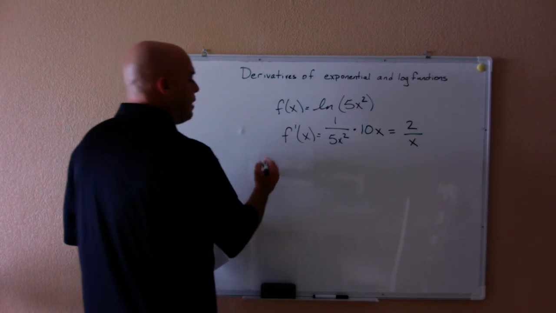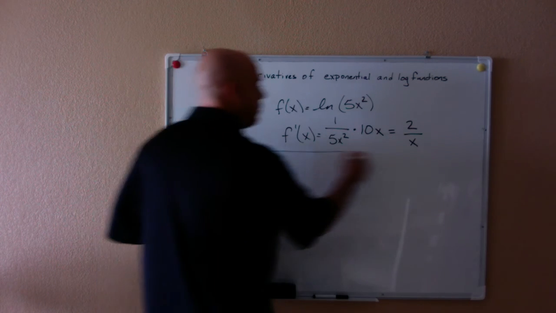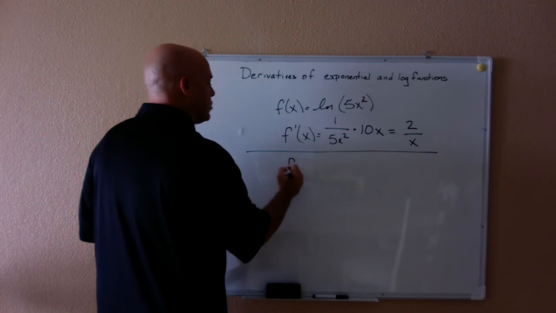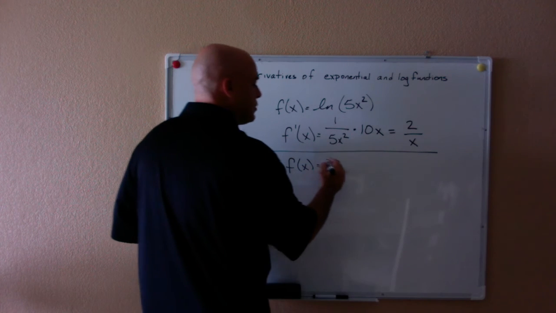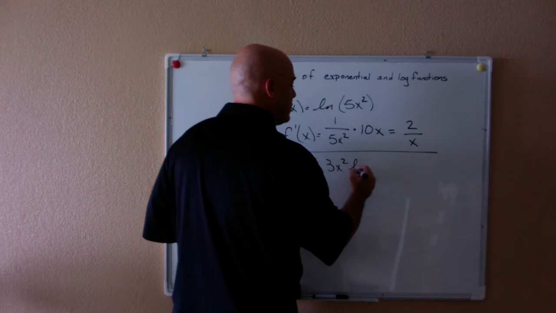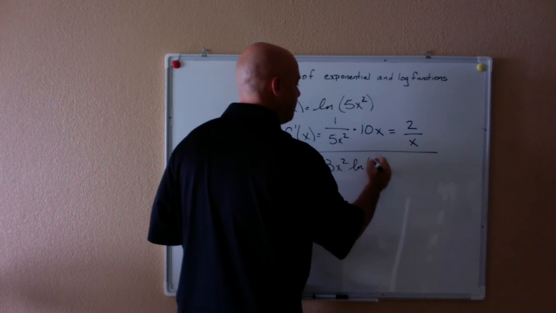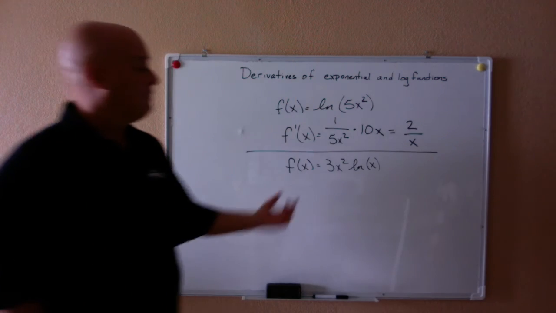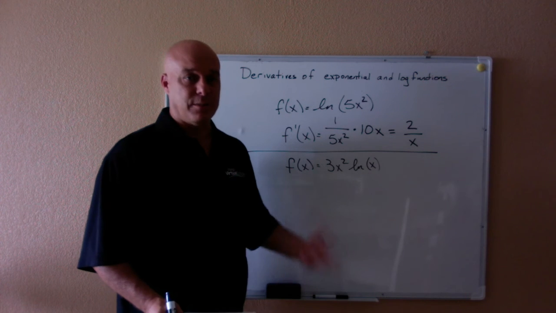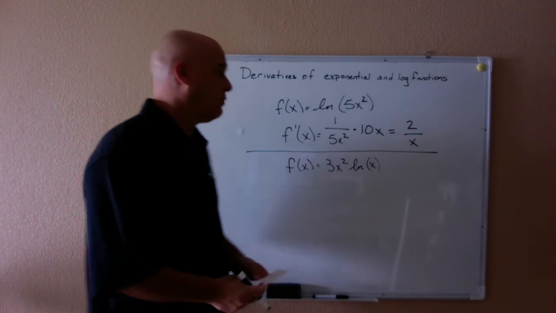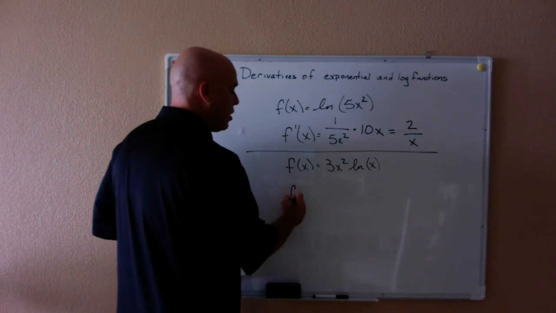Okay, we also might run into this with some of our other properties. Let's say that we had the function f of x equals maybe something like 3x squared times the natural log of x. Okay, now I have a function times a function. That's a product rule problem, so when I take the derivative of this, I'm going to have to use the product rule.